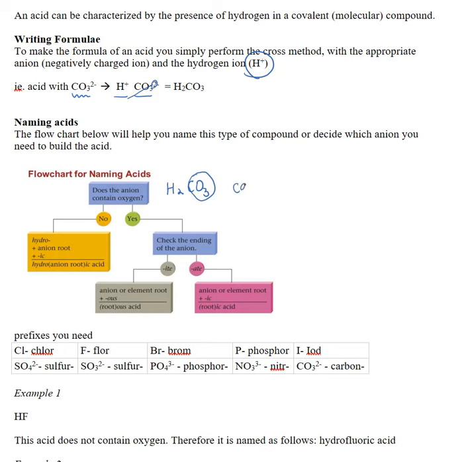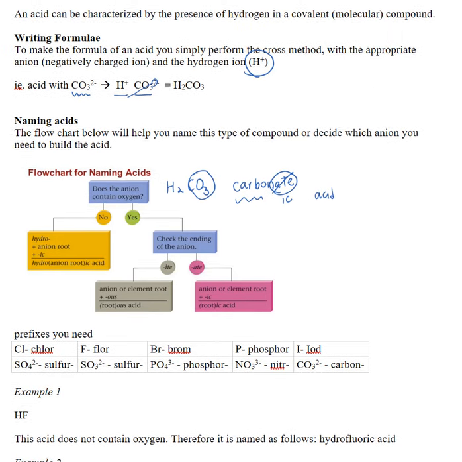So the anion CO3 2- is carbonate. We look at the ending, it ends in ate, so we change the ending to ic. So we have the root, ic, and then acid. So this acid is called carbonic acid.